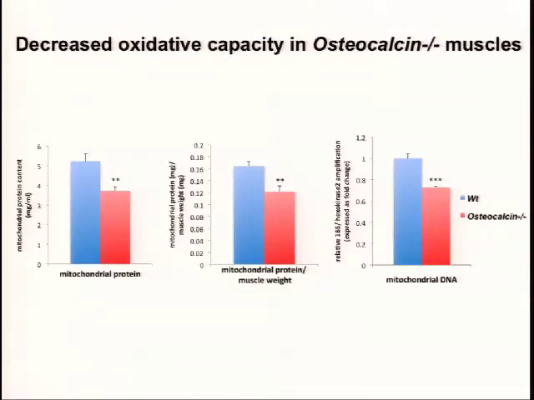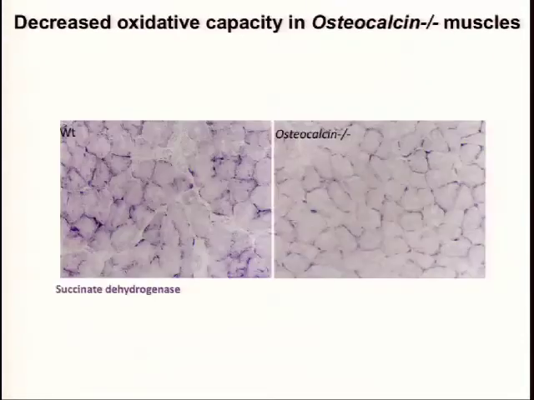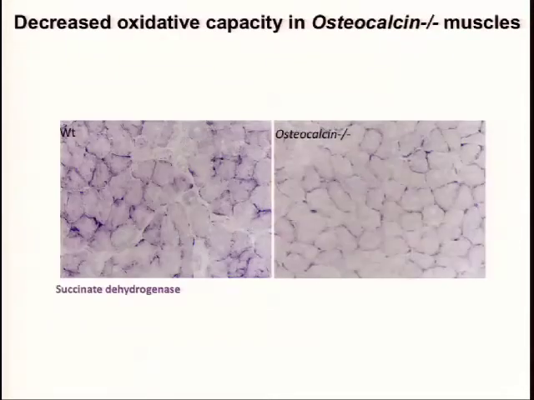There is, in absence of osteocalcin in muscle, a decrease of oxidative capacity that can be measured in many ways. One is mitochondrial protein content, which is decreased 20%. Mitochondrial protein per muscle weight, and mitochondrial DNA, are all decreased by at least one third. As a result, if we look at this marker of the oxidative function of the mitochondria, it is decreased.